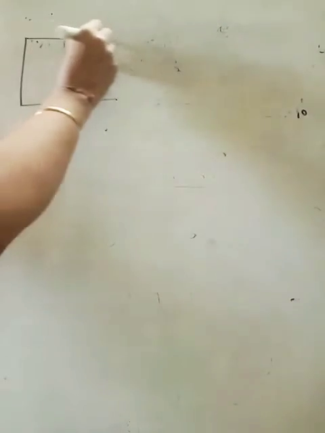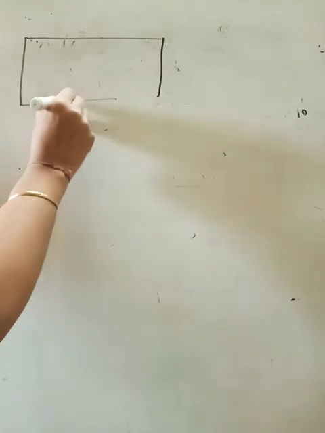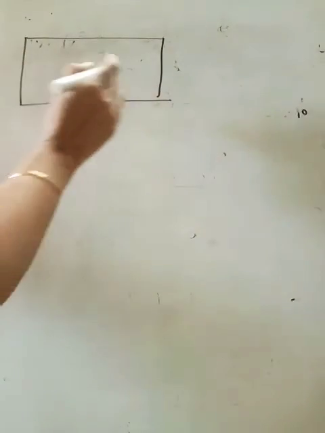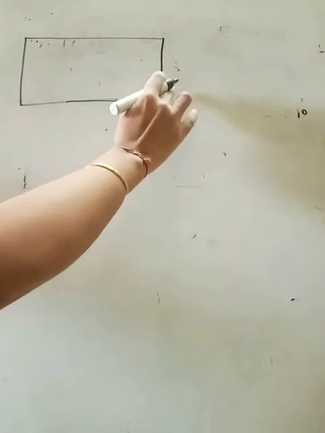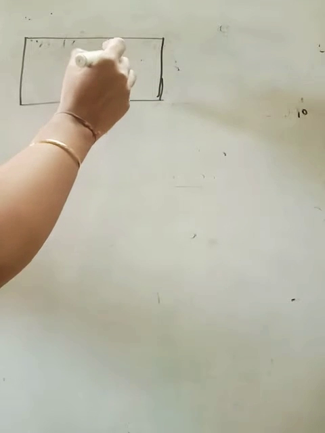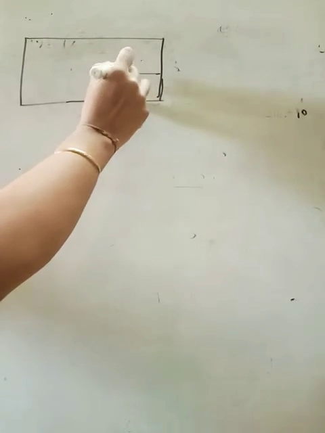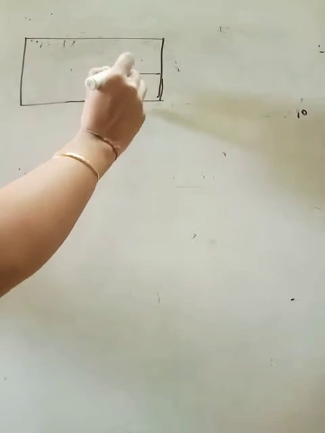So let us draw it here. Draw a big rectangle, and in that, say we have a pond here. It should be a rectangle, and the pond a square, right?